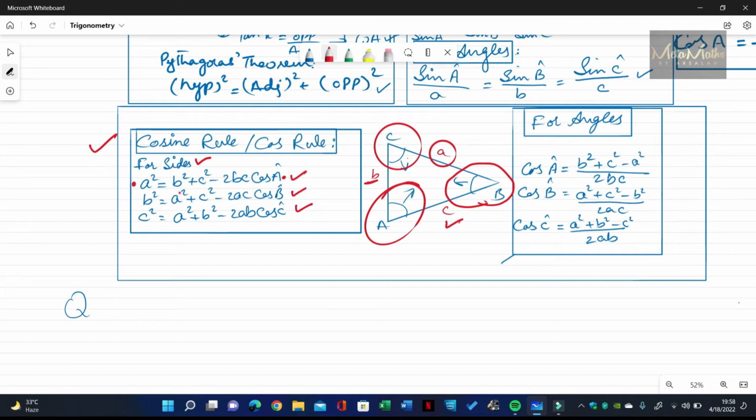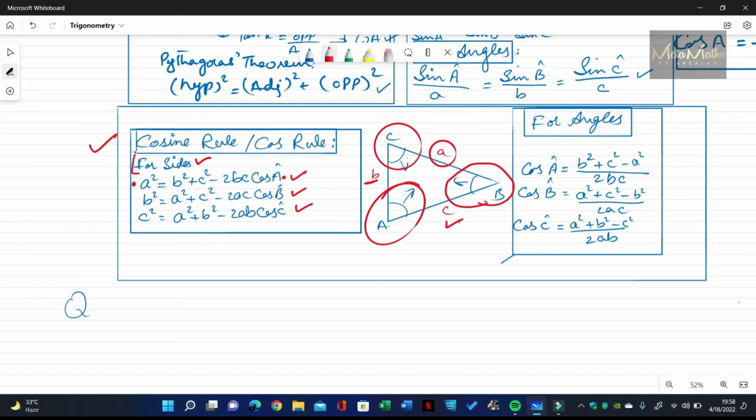For a square, it is b square plus c square minus 2bc cos A, and if we are finding B, then b square is equal to a square plus c square minus 2ac cos B, and c square is equal to a square plus b square minus 2ab cos C. Of course, we have to take the square root for finding the final answer of the side, which you can include in your last step of this type of question. So this is the formula for sides.